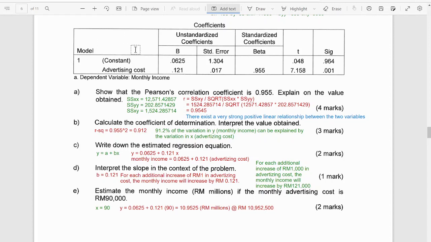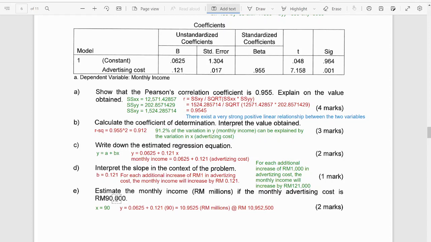Kalau kat situ pun tak ada, tengok soalan last kali. So kalau soalan last kali ni, estimate, predict, forecast, approximate. So these are the terms yang digunakan untuk buat prediction. So apa yang you nak predict? So in this case you want to estimate monthly income. So monthly income will be the dependent variable.